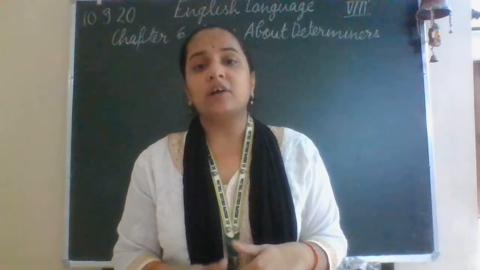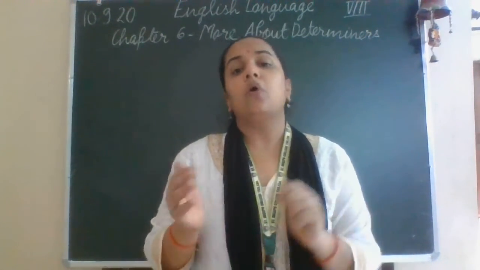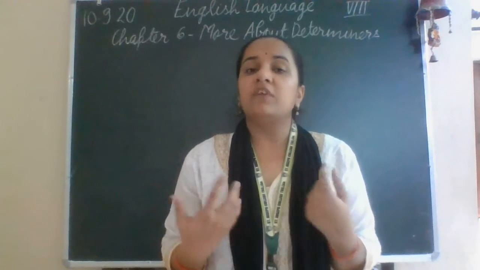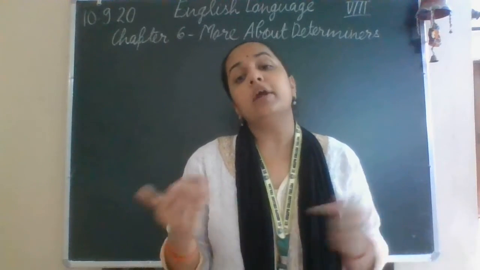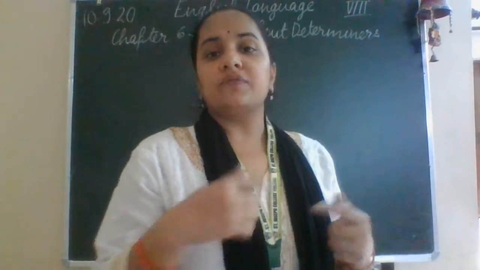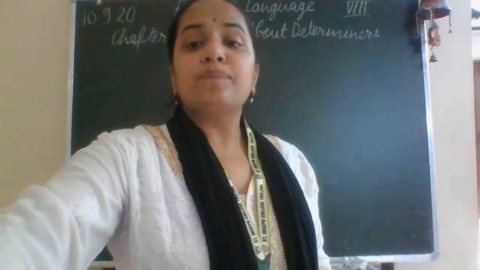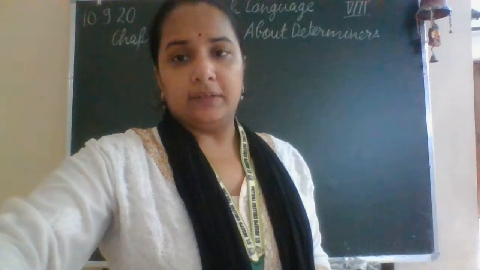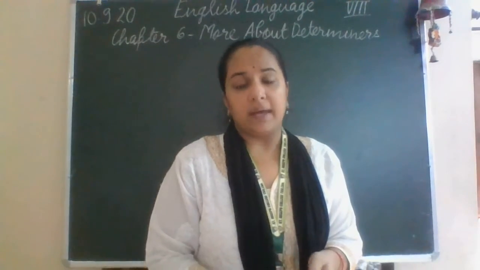Obviously, when we are talking about the uncountable, there is nothing like singular or plural, because when we cannot count anything, we cannot determine whether it is one or more than one. So whenever we are talking in terms of singular or plural, it is always for the countable nouns only. So how to use the various determiners?